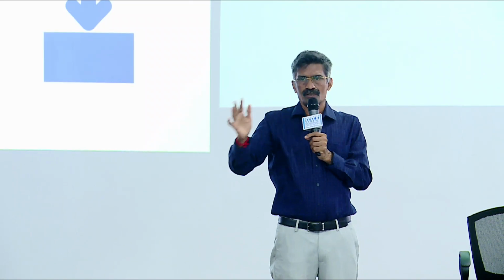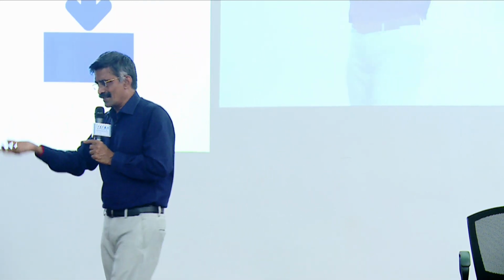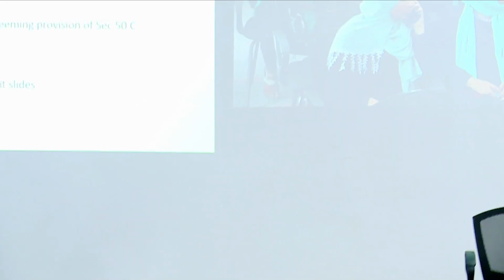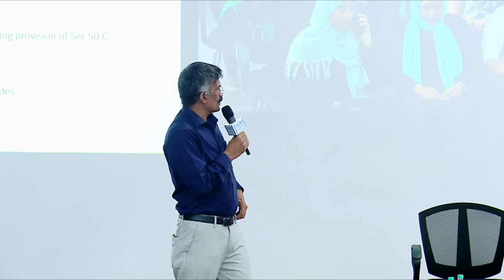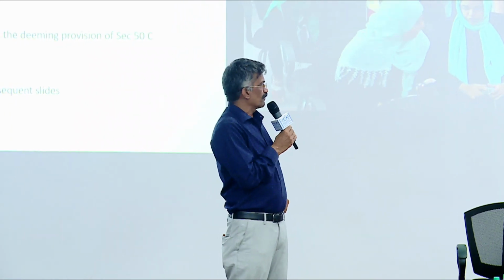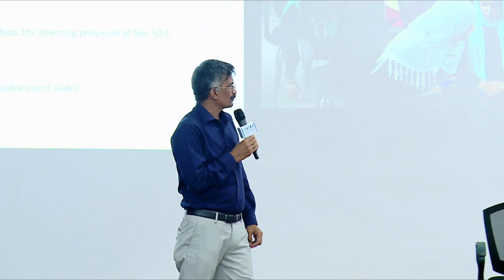Or to put the issue in a very simplistic manner, should the 50C deemed consideration be built into the exemption sections also? It is a very interesting issue, and I will also try to extend it, as I told you, to 49.4. Just to set the tone, 50C provides for substitution of stamp valuation as a deemed full value of consideration in certain circumstances.